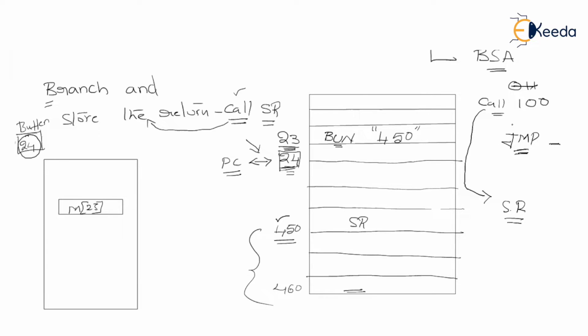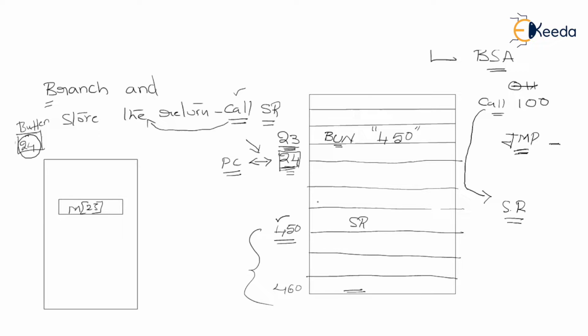When you perform BSA, you branch, and finally you return. When you execute BUN, you simply branch, but you will never return because we are simply skipping and jumping.